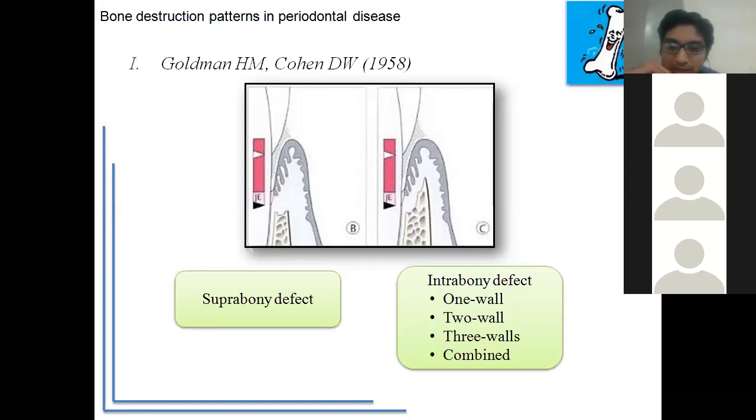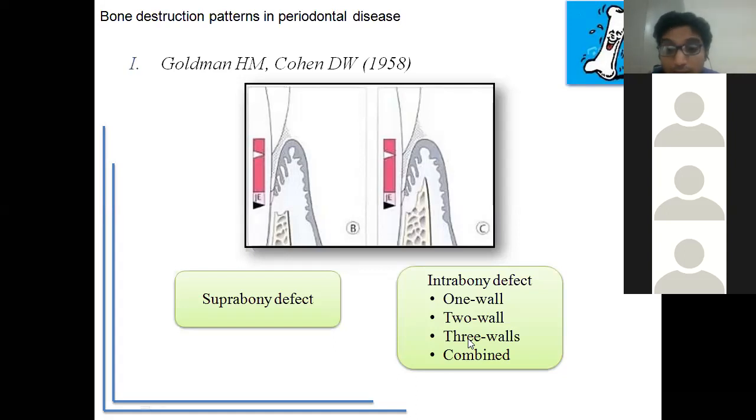So the prognosis is good in 3-wall intrabony defects as compared to 2-wall or 1-wall defects, because intrabony defects are classified based on the number of osseous walls remaining. In 3-wall defects, 3 walls are remaining; in 2-wall defects, there are 2 walls; and in 1-wall defects, only 1 wall is remaining. So 3-wall intrabony defects have better prognosis as compared to 2-wall or 1-wall defects.